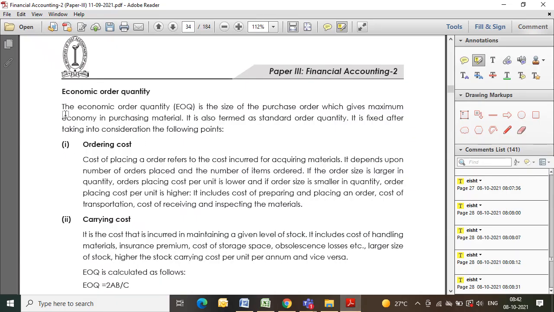I'm moving on. So the next concept is the concept of EOQ. What does EOQ mean? EOQ means economic order quantity. Economic order quantity is based on three things. One, the ordering cost. Second, the carrying cost.